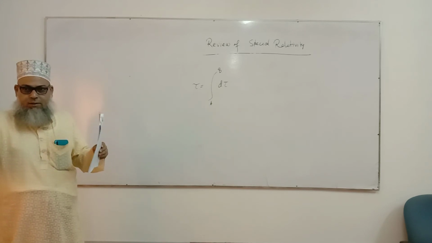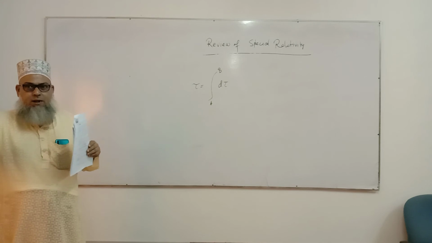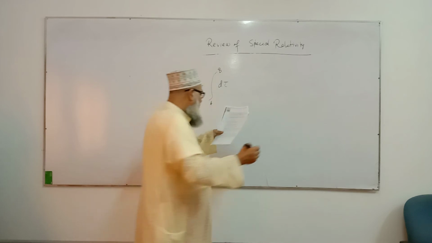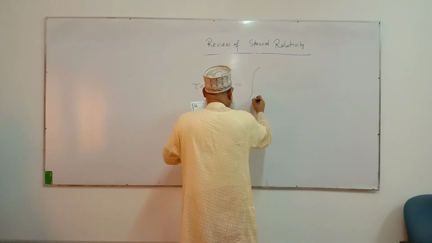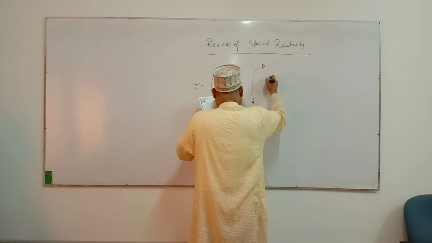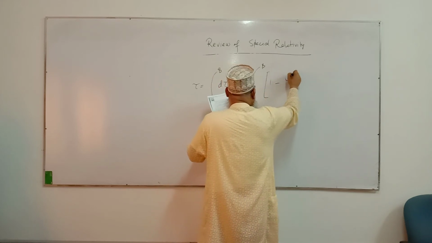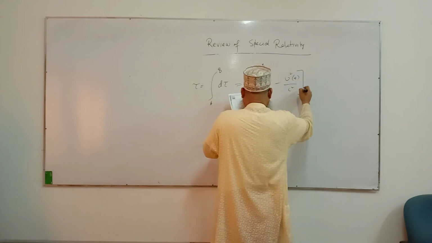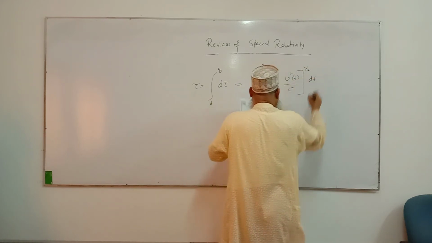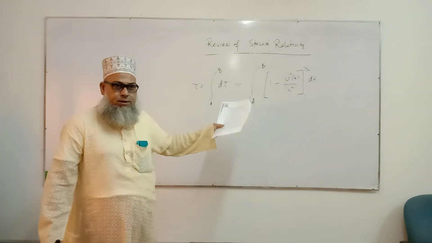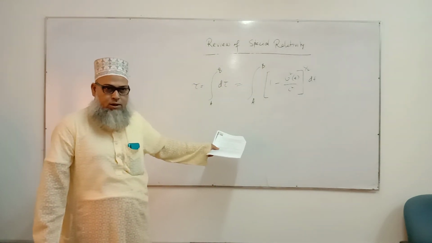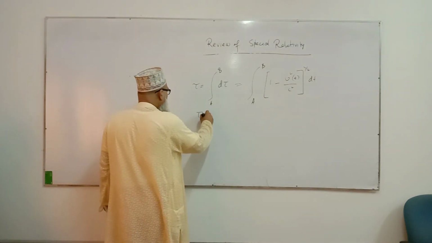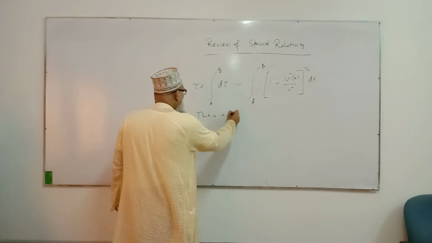We have to compute τ, the integral from A to B of dτ. The events A and B have a separation in proper time, and we have to integrate. So the integration will give the integral from A to B of (1 minus v squared of t by c squared) to the power half dt. Here I have used the formula I wrote a little while ago. This is in S.